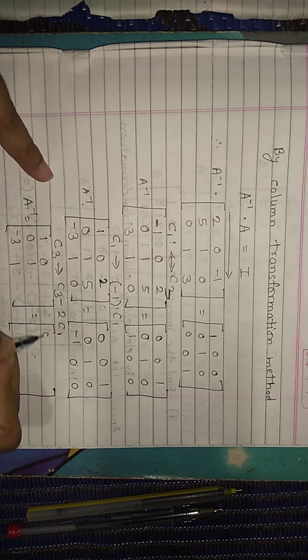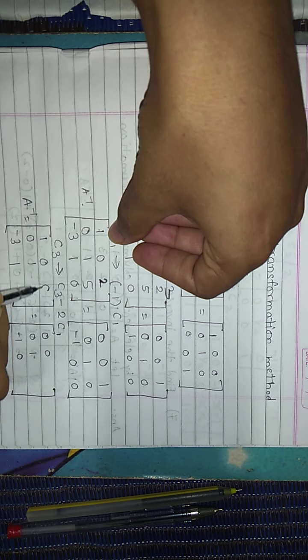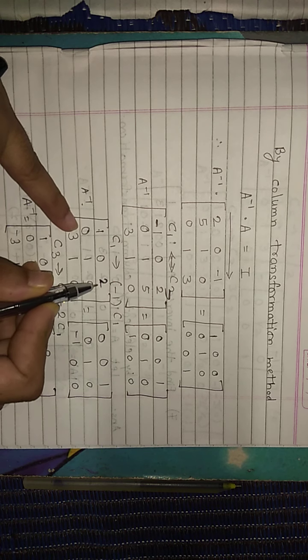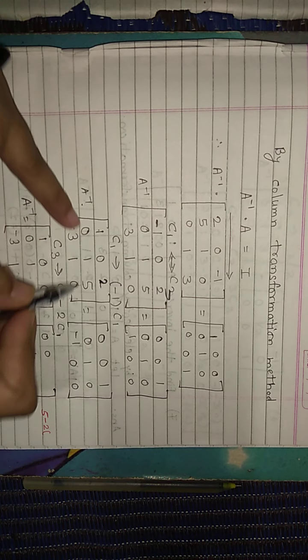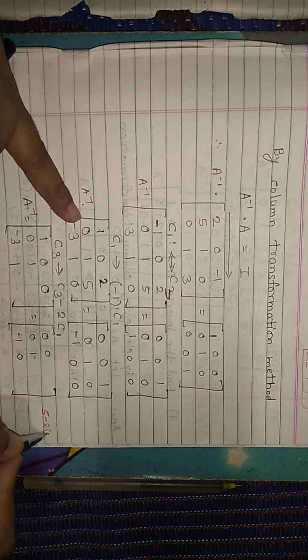Column number 3 we have to change. So first write 1, 0, minus 3 and 0, 1, 1, keep it as it is for both the matrices. And here first, 2 minus 2 into 1. So 2 minus 2 is equal to 0. The next element we have to change. First element completed, second element is 5 minus 2 into the same line in the first column, second element as a 0.